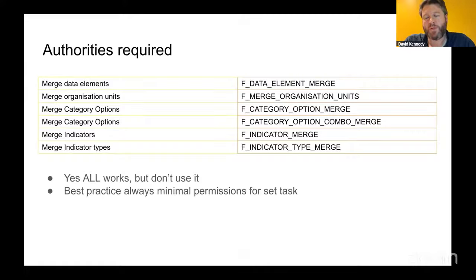Yes, the all permissions does work, but we do not recommend using it. It is best practice to only allocate the minimum permissions for any set task. So if someone is managing org units and they might need to merge org units, then they should have just the merge organization units authority and not the other ones. Similar for the other objects. So this is a way to help manage that.